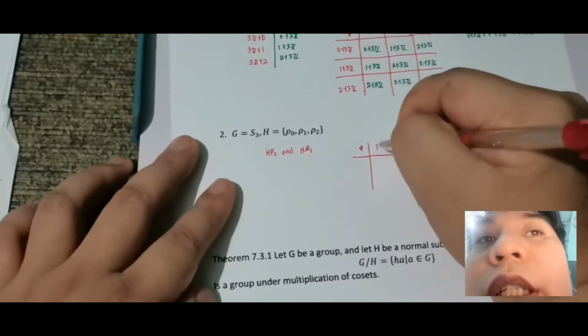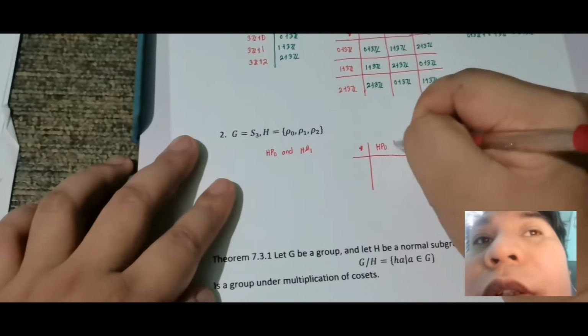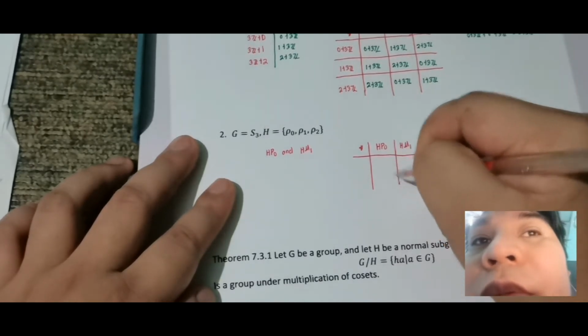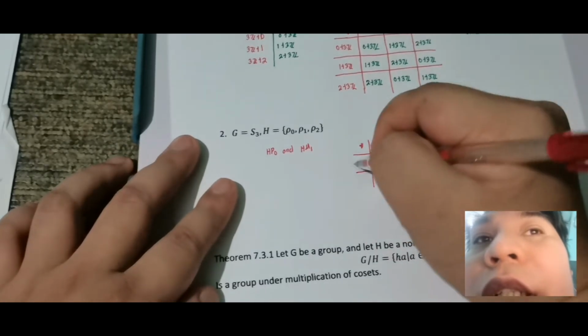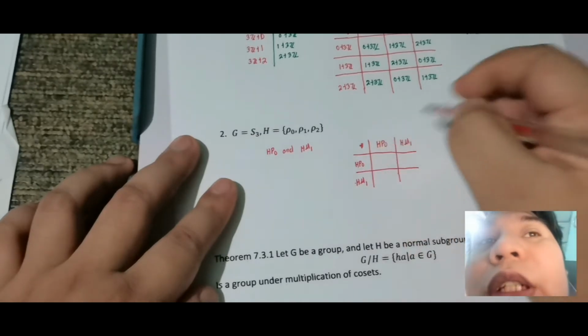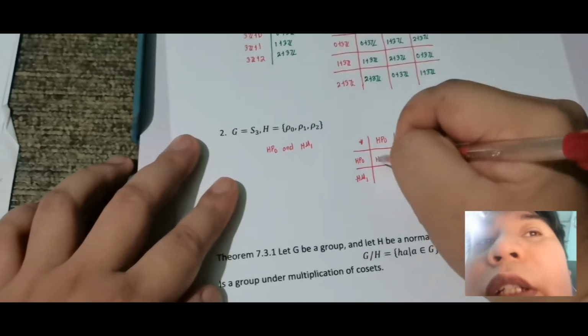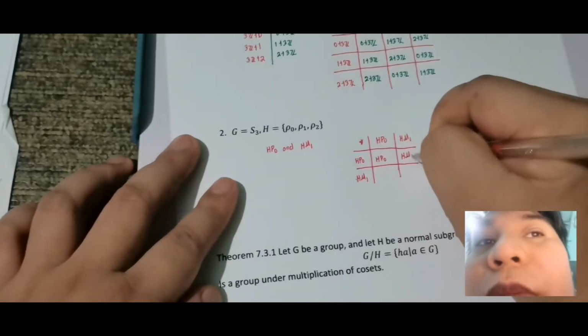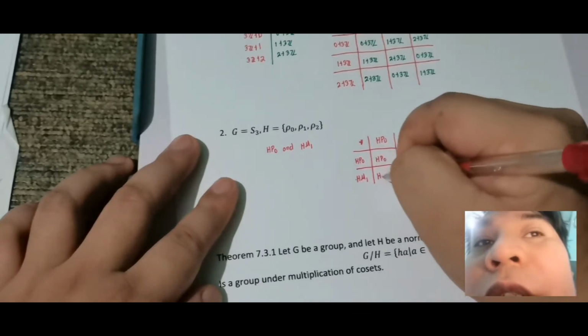So, this is just H rho 0, we have H mu 1, and also meron din tayo ditong H rho 0 and H mu 1. H rho 0, that is H rho 0. Obviously identity element siya dito. This is H mu 1, this is H mu 1.